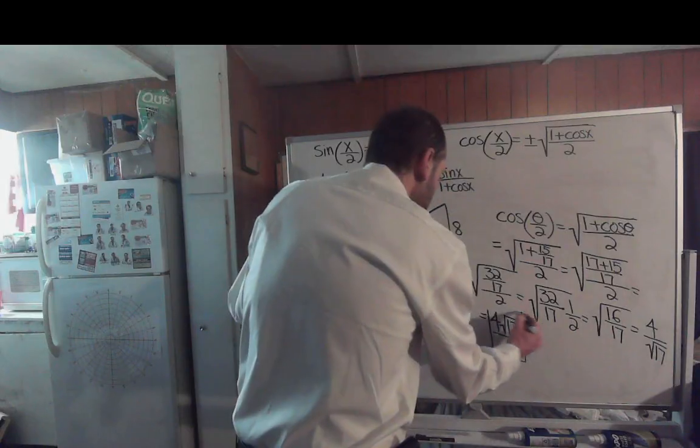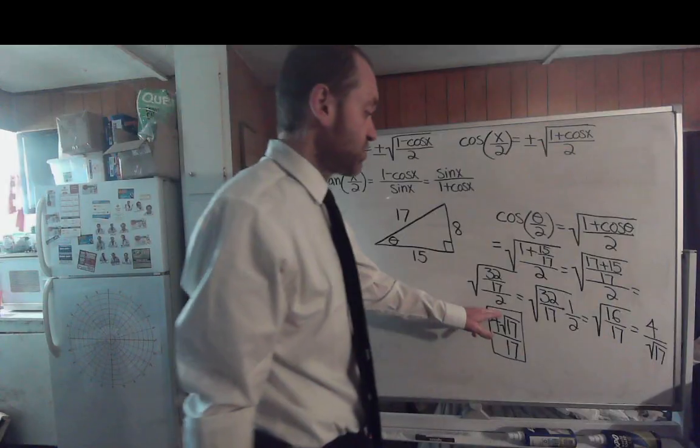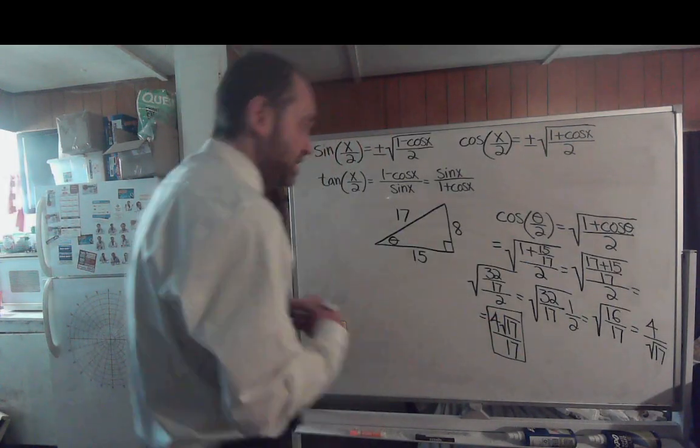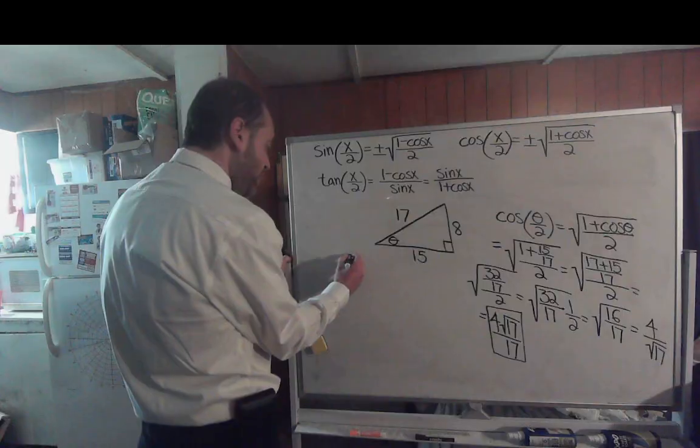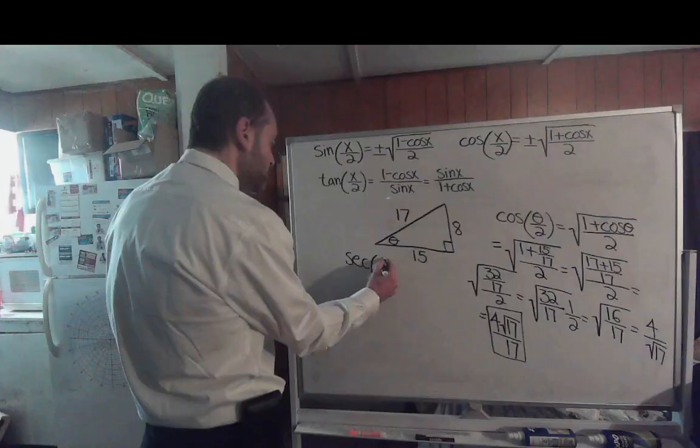So the cosine of theta over 2 in this case is going to be 4 times the square root of 17 over 17.